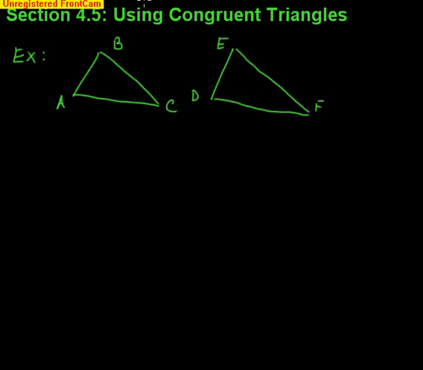Okay? And I tell you, or you know, that triangle ABC is congruent to triangle DEF. You know this, all right? This is known. So then the question is, what can you say from that?